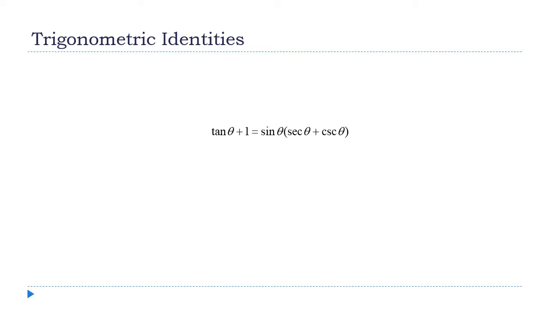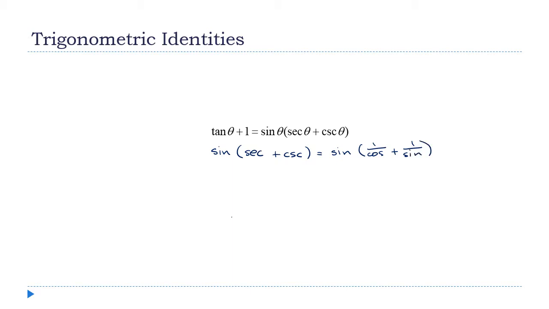All right, so let's start with the right side. Sine times secant plus cosecant. I'm going to do what we did before. I'm going to rewrite everything in terms of sine and cosine. So that sine out front is going to stay the same. Secant is 1 over the cosine. Cosecant is 1 over the sine.